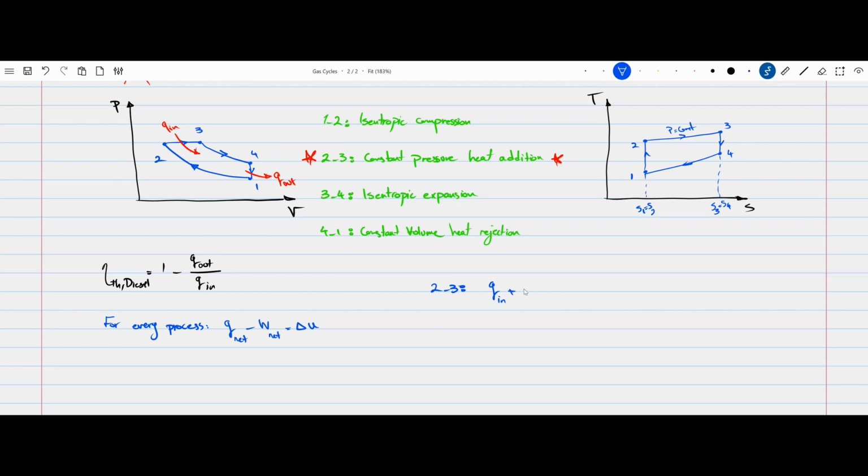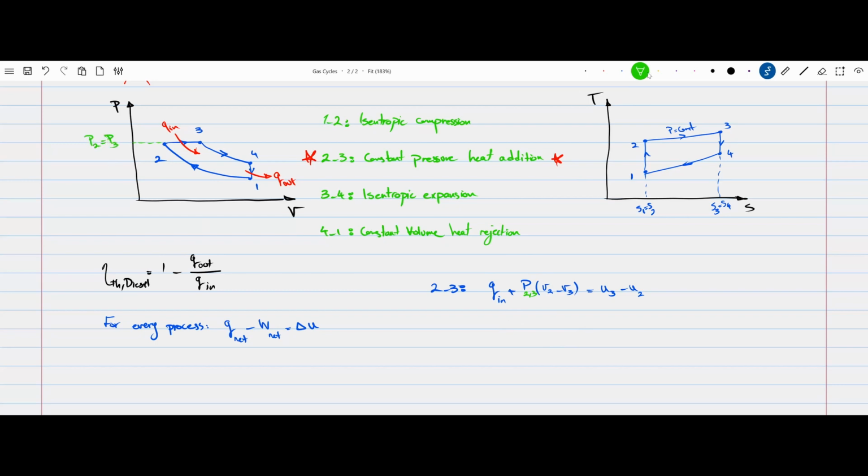So I have boundary work in the form of P(V3 minus V2), and this is equal to U3 minus U2. Now, please take into account that the P here is P2, which is equal to P3. Keep in mind, this is a constant pressure process.